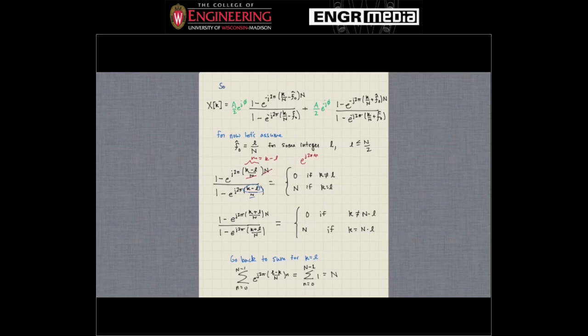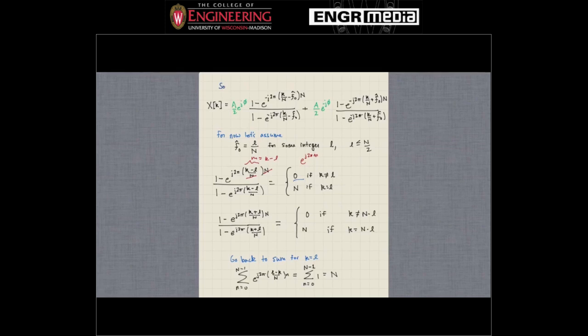So we have e to the j 2 pi times some number, and that's never equal to 1 unless k is equal to L. So that denominator is always non-zero if k is not equal to L. So we can conclude from all that we get this first value. When k is not equal to L, this fraction written here is equal to 0.